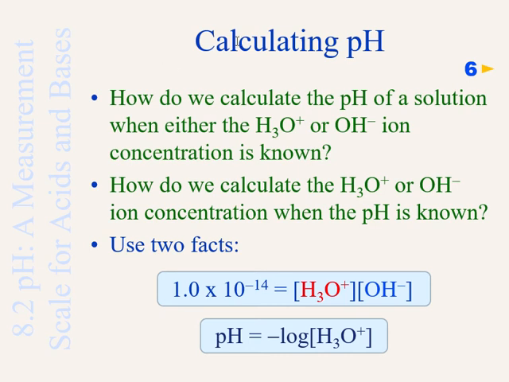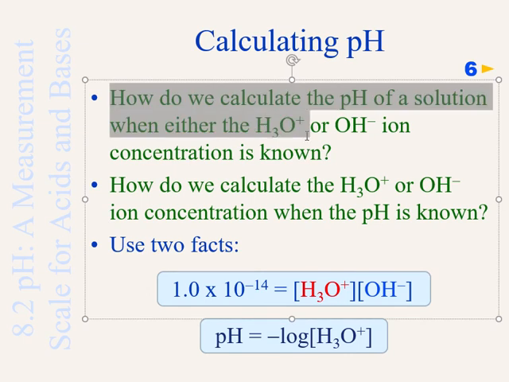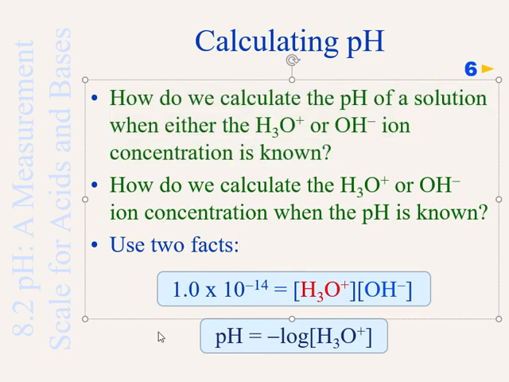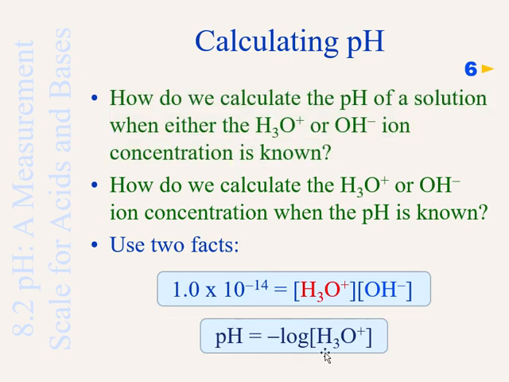So let's do a calculation now where we find the pH of a solution. How do we calculate the pH of a solution when either the H3O+ or OH- concentration is known? We calculate that by these two facts. One, pH equals negative log of H3O+ concentration, and the other fact given here is that the product of H3O+ concentration times OH- concentration equals this value.